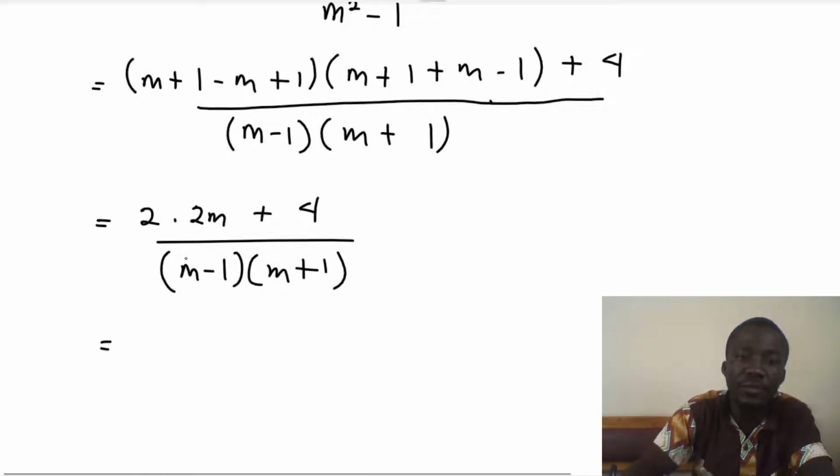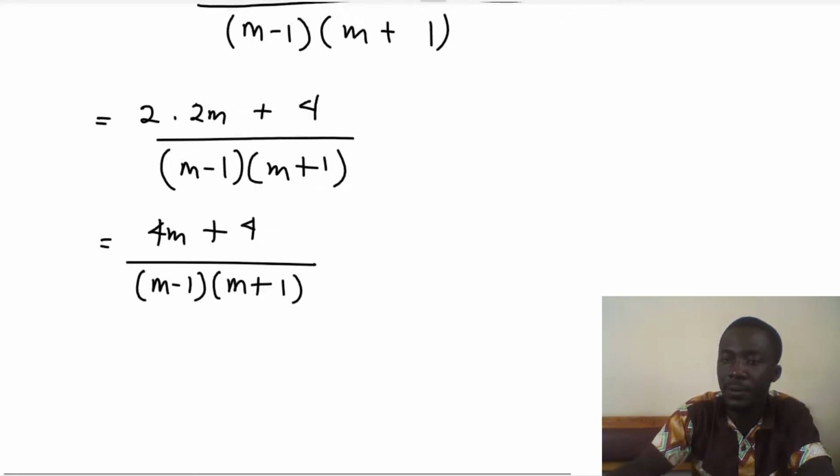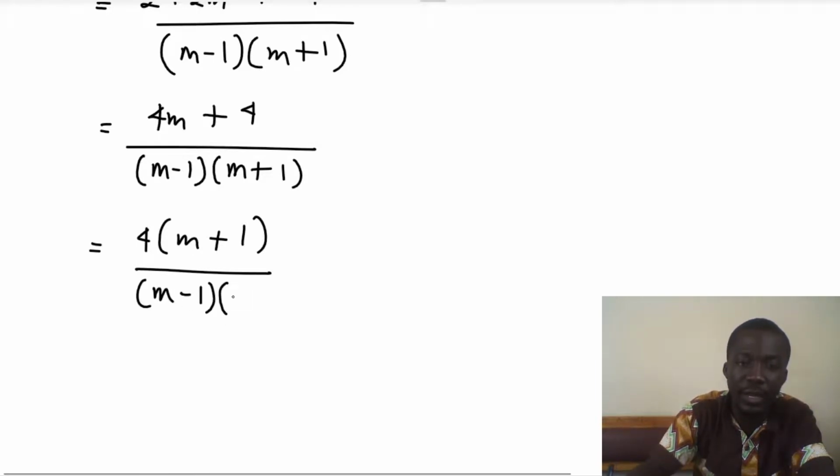Then 2 times 2m will be 4m plus 4, divided by m minus 1, m plus 1. At the numerator, we can factor 4 out, leaving m plus 1 here, divided by m minus 1, m plus 1.